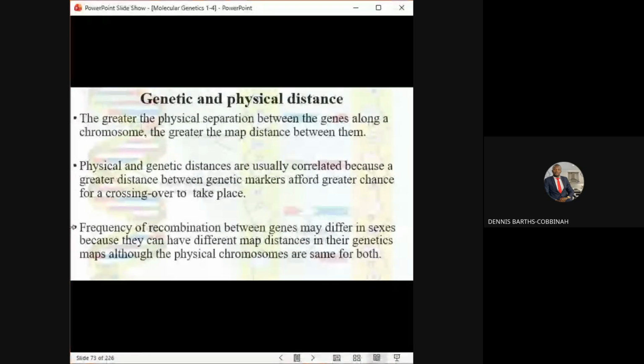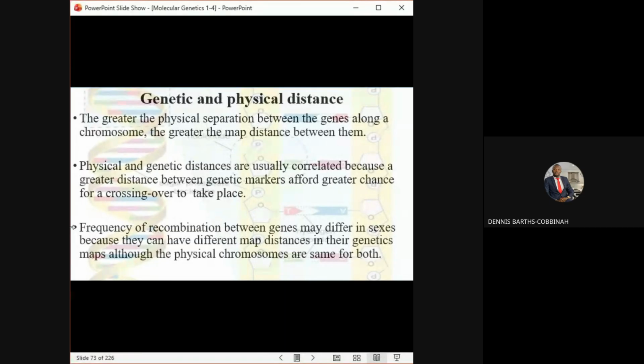Right, so we have genetic and physical distance. The greater the physical distance, like I said, between the genes along the chromosome, the greater the map distance between them. And we have discussed the map distance and its representations in map units, in frequency of recombination, and measured in centimorgans.